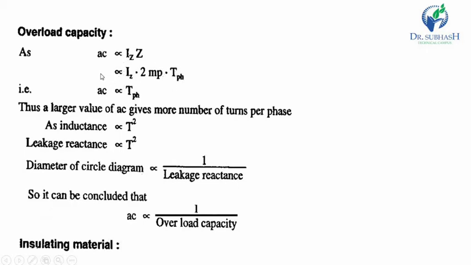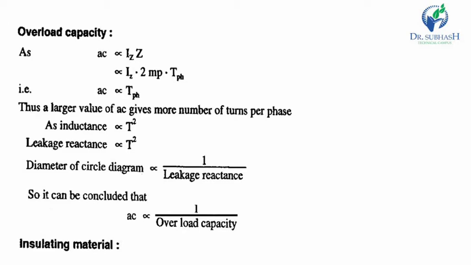From this equation we derive that AC is proportional to TPH, or turns per phase. A larger value of AC gives more turns per phase. If the value of AC increases, the number of conductors increases, so the number of turns also increases.